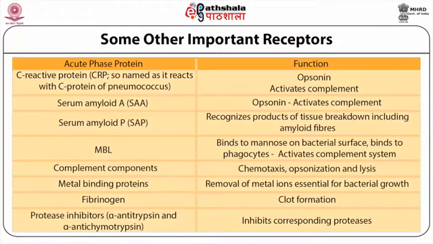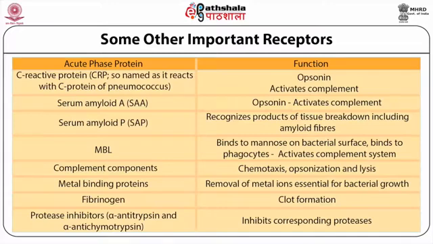This table shows examples of the various acute phase proteins. Please note that complement components are also considered part of these acute phase proteins. These various acute phase proteins occur in the form of similar pentagonal subunit associations, and those which have this kind of structure are classified as pentraxins.